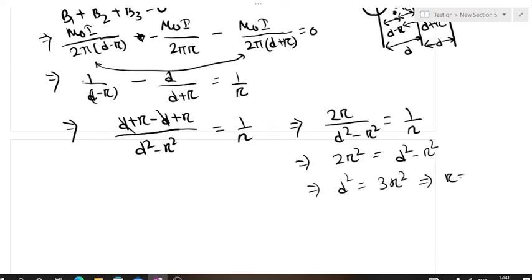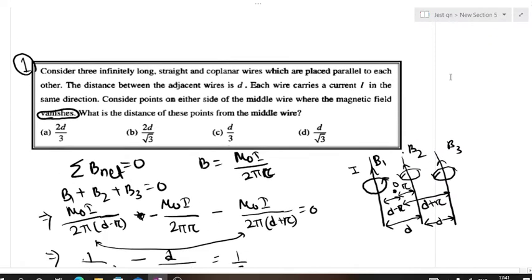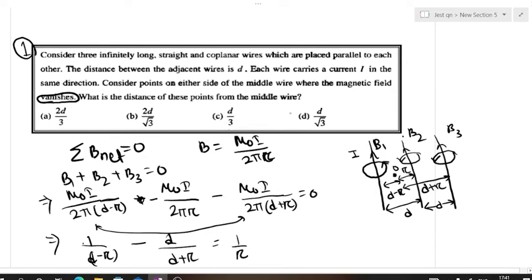That implies R will be plus minus D by root 3. That's the answer, and this answer is option D. Okay, let's go to the next question.